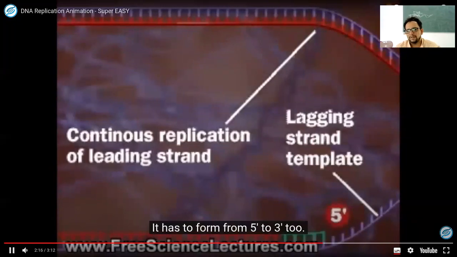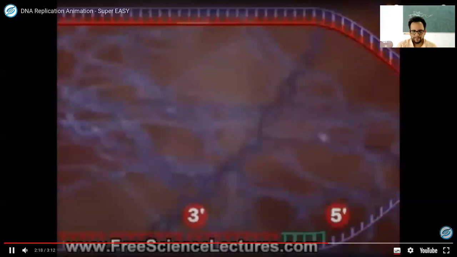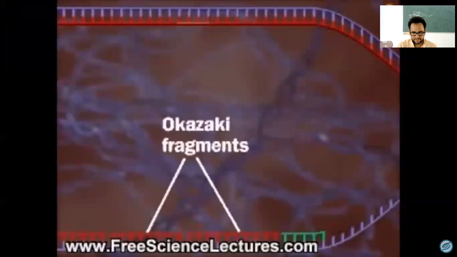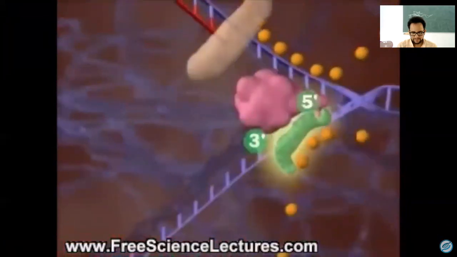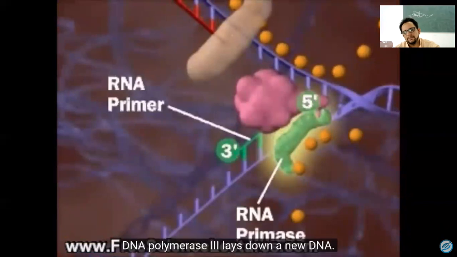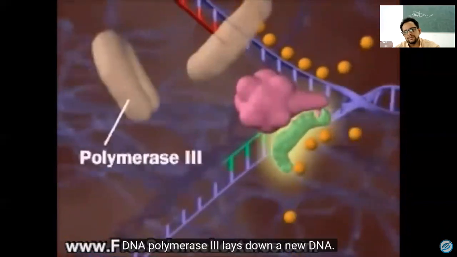The lagging strand has to form from 5' to 3' too. It forms in pieces called Okazaki fragments. First, an RNA primase lays down an RNA primer. Then, DNA polymerase 3 lays down new DNA.